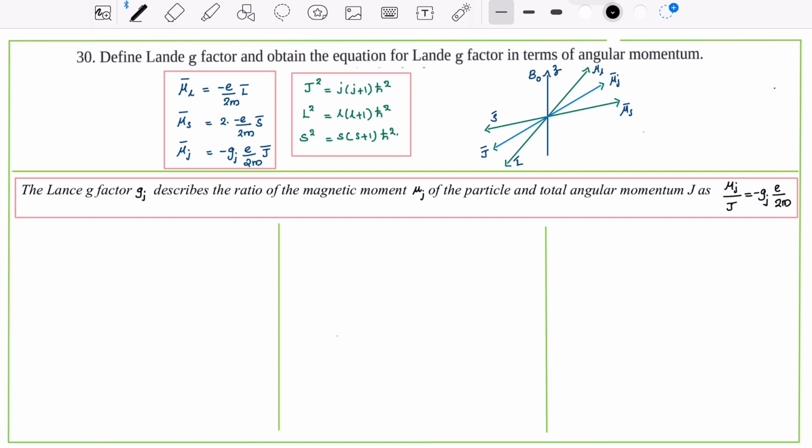The Landé g factor relates the magnetic moment mu j and total angular momentum j by the equation mu j by j is equal to minus gj e by 2m.